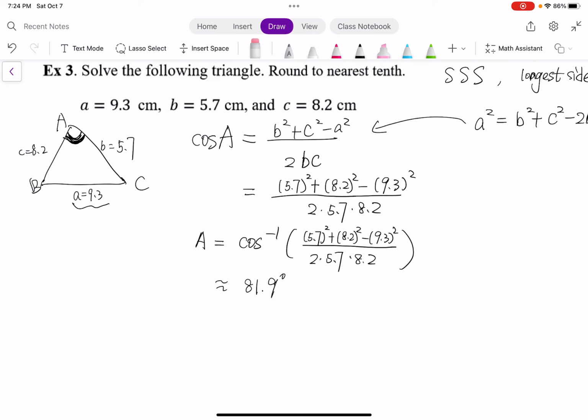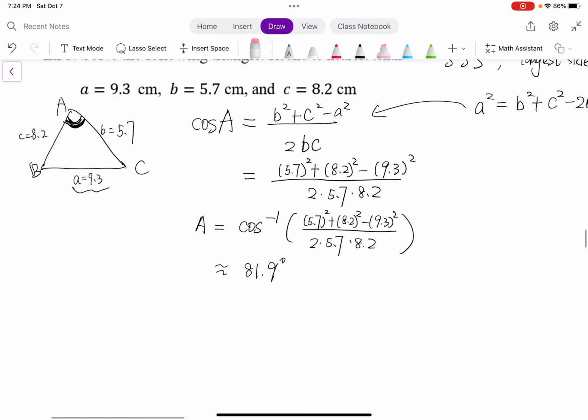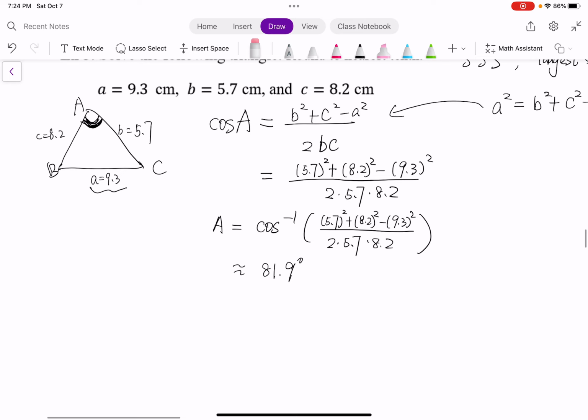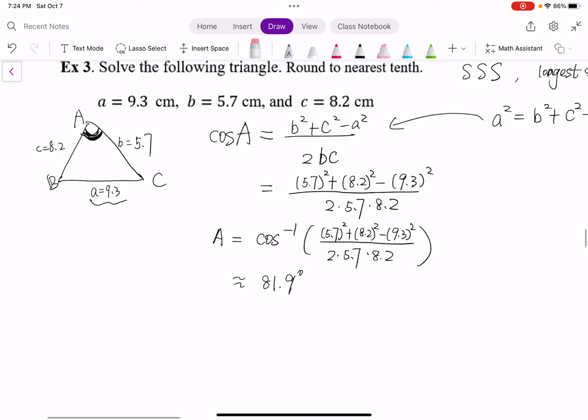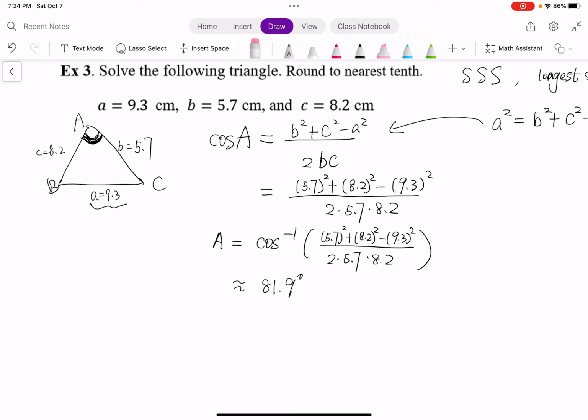So it doesn't matter which one you choose, B or C. If I'm choosing B, I'm using a over sine A equals b over sine B.